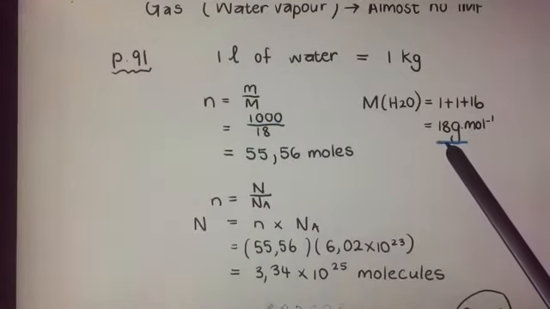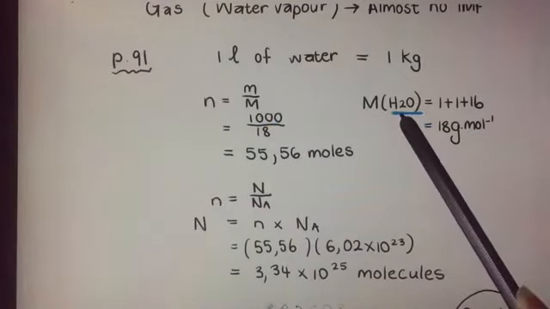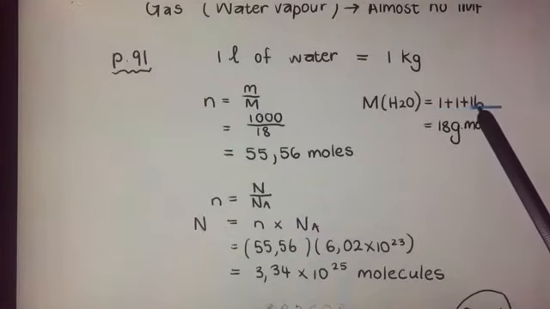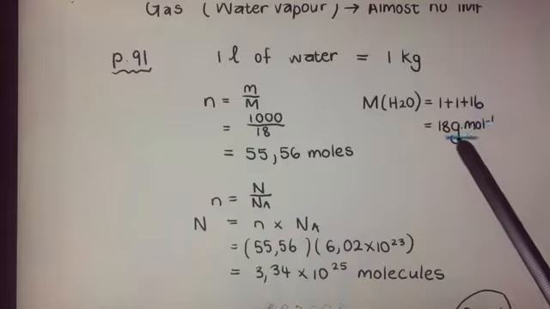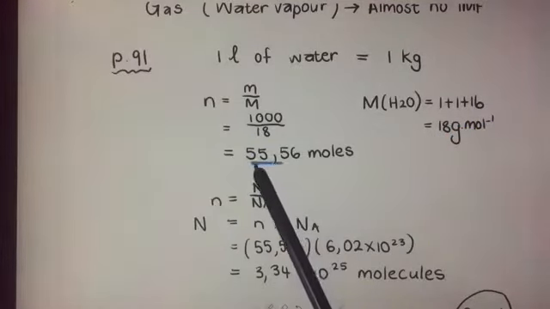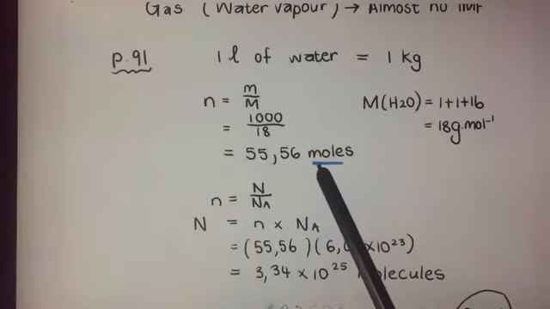And over here, I calculated the molar mass for water. Hydrogen has a mass of 1, another hydrogen atom, oxygen 16, which gave me a mass of 18 grams per mole, and I've got 55,56 moles.